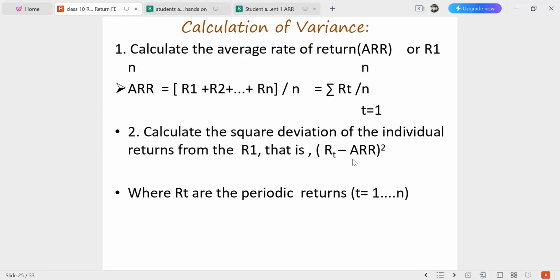For example, in 2001, it is 10.8 something, minus your average rate of return, which is 10.49. Second year, minus 16, minus average rate of return, 10.49. Go on taking the deviation of the returns every year from the average rate of return. Write the steps. Number one, calculate the average rate of return.